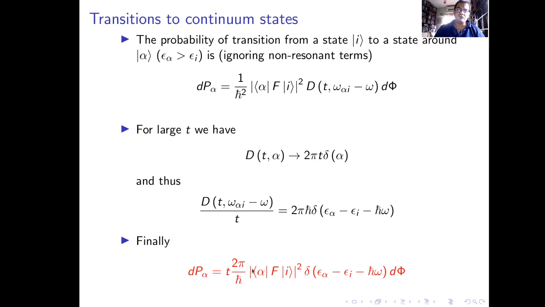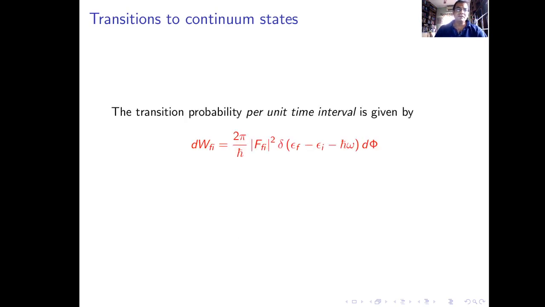The alpha f I mod square comes in, and then you have an energy conserving delta function times d phi. What is important is that there is a t in front. So that means the probability of transition to a bunch of states close to alpha keeps on increasing linearly with time. The transition probability per unit time interval is what you get when you divide this dP alpha by t.